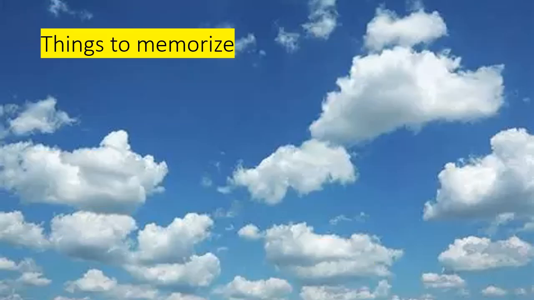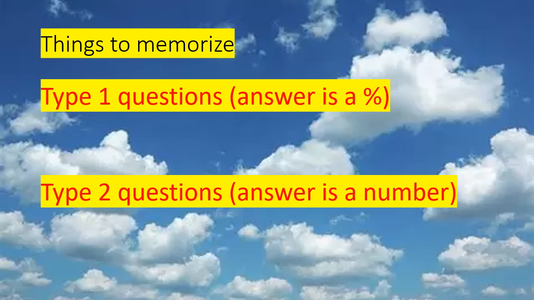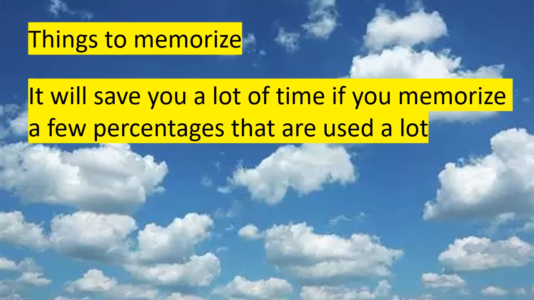Okay, here's a few things to memorize because memorizing these will make your life a lot easier. Firstly, the main idea of this video: type 1 questions, the answer is a percentage. Type 2 questions, the answer is a number. You really need to get that into your head. Second thing, it'll save you a lot of time if you memorize a few percentages that are used a lot.